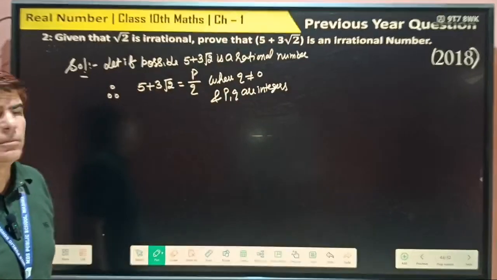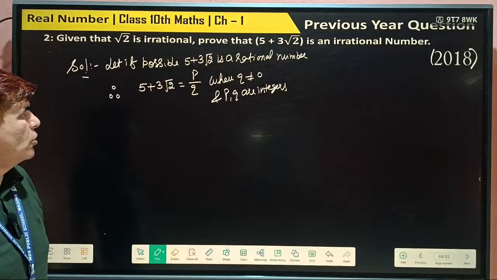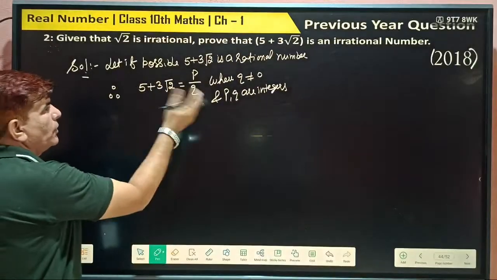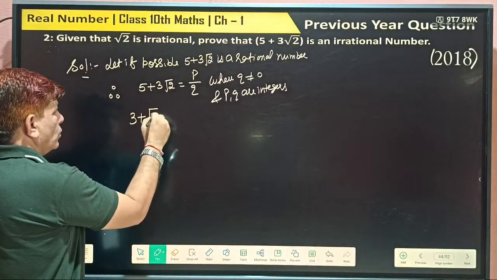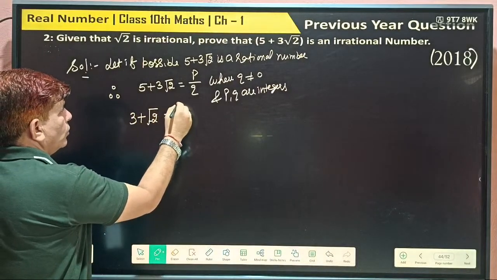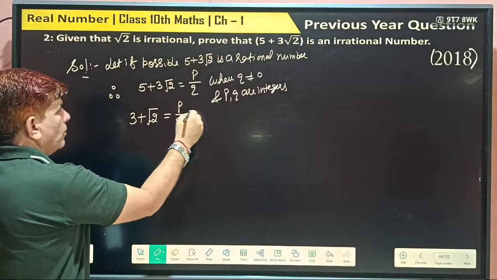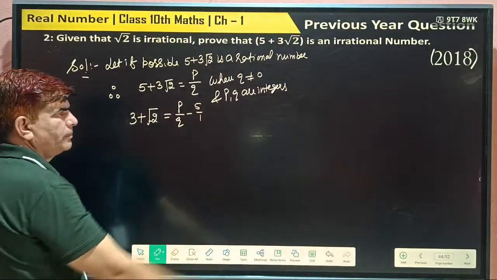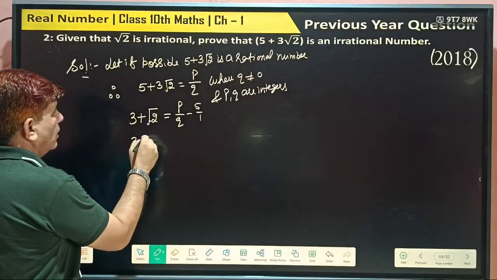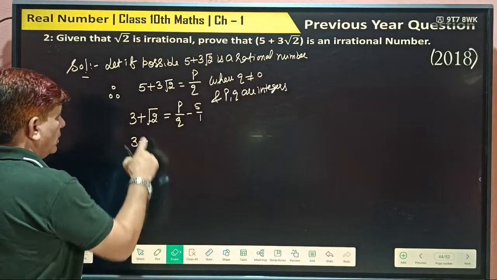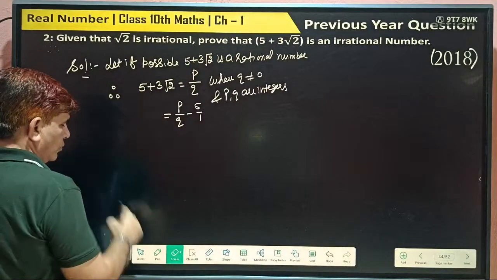Two conditions. Yes or no? So take 5 to that side. So 3 root 2 equals p by q minus 5 by 1.